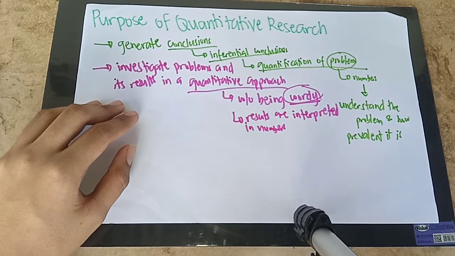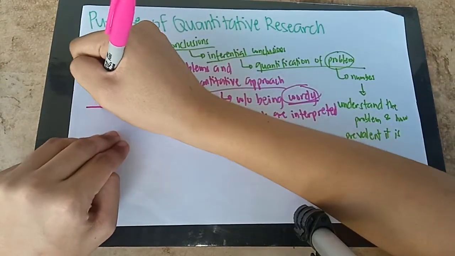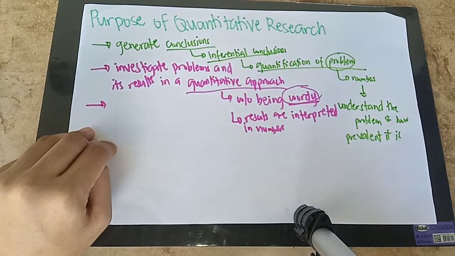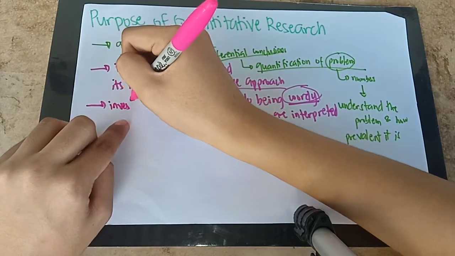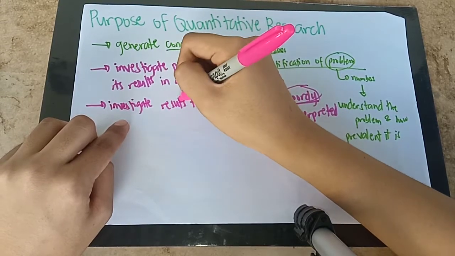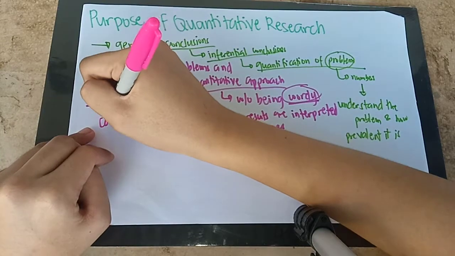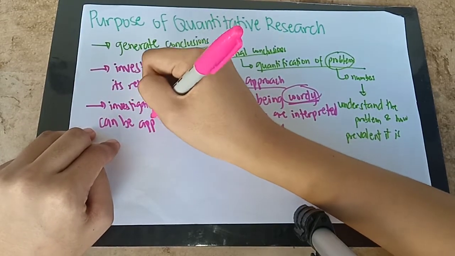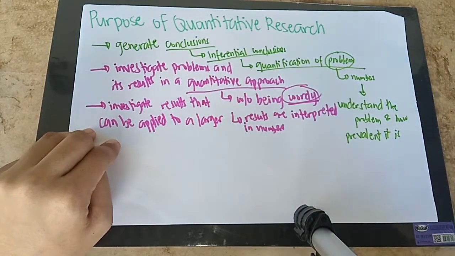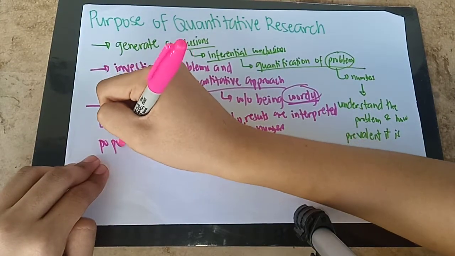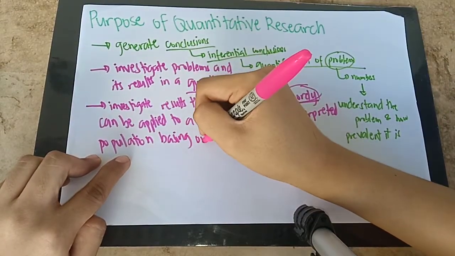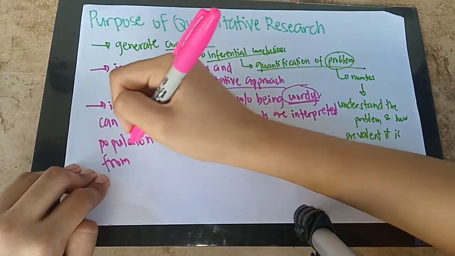Next, another purpose of quantitative research, since it uses sampling methods, is that it also aims to investigate results that can be applied to a larger population, basing only from the samples.